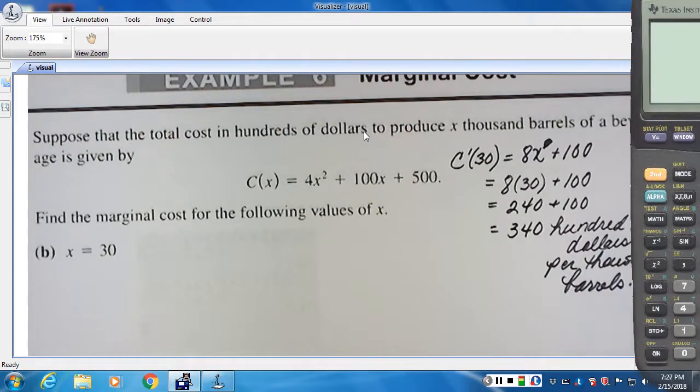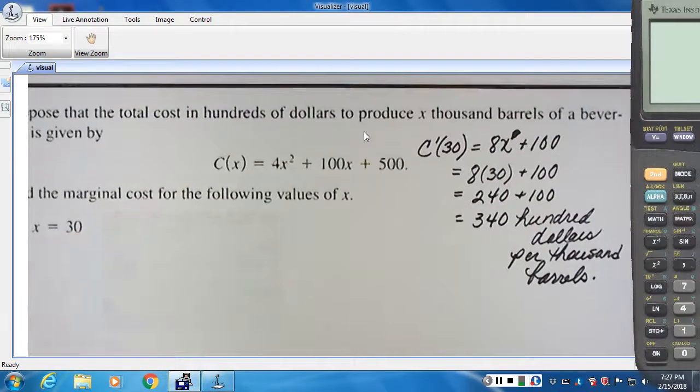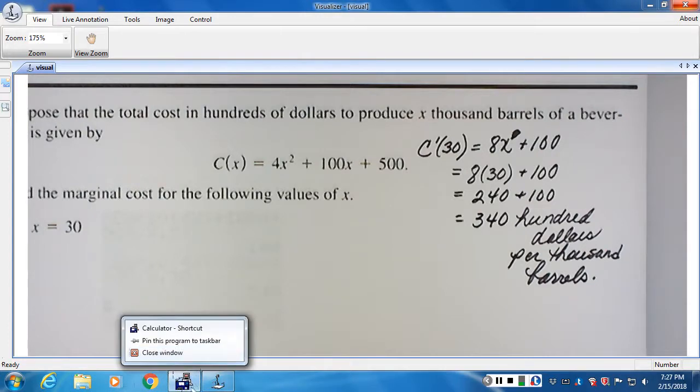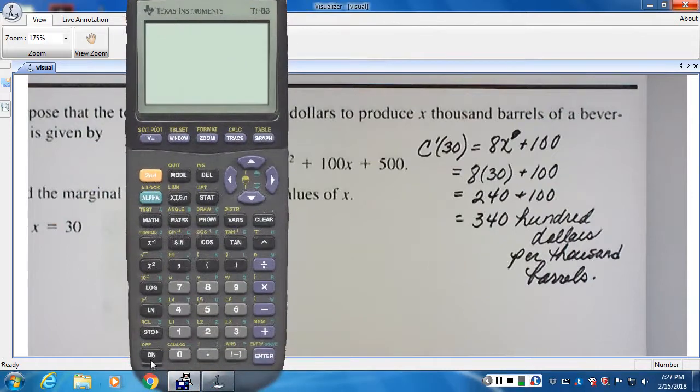And you would write the same sentence you did before. And then you can also check your problem using nDeriv like we did before. The only thing that you need to change is the number at the end.